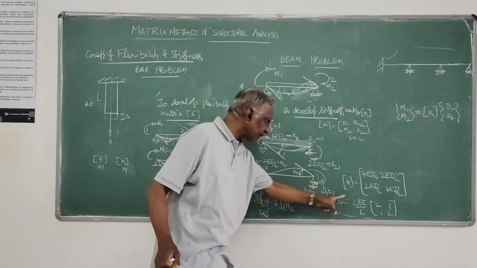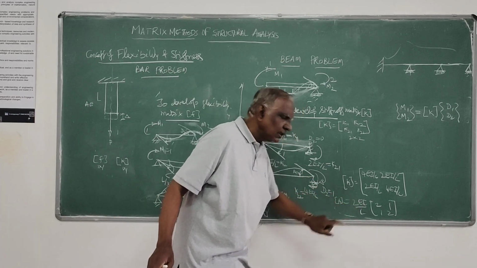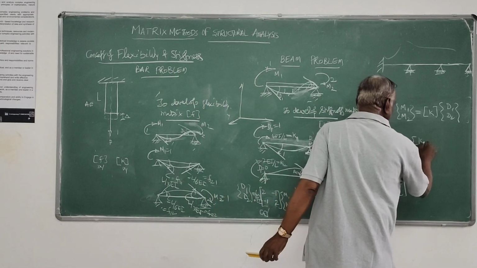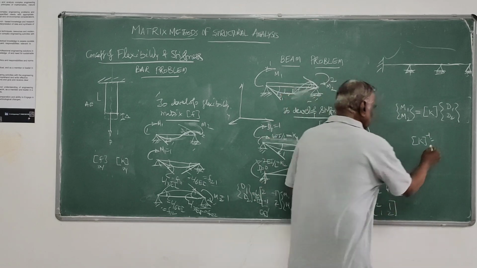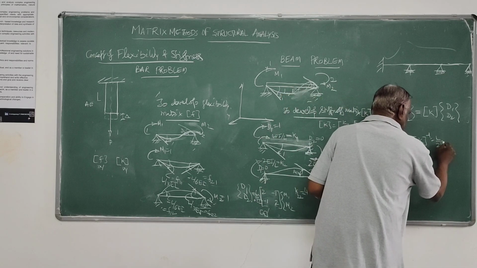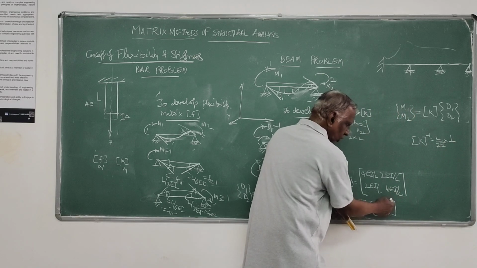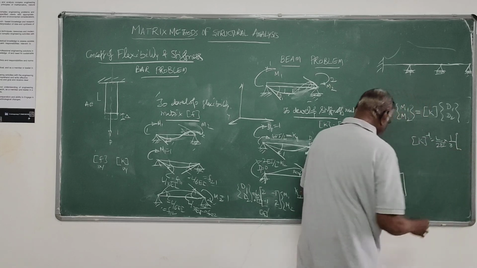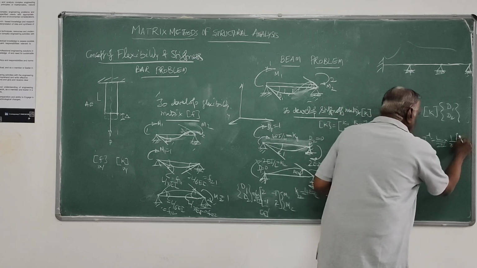Now if you see here K and F, if you find the inverse of this K matrix, K inverse is nothing but L by 2EI into 1 over the determinant of this, that is 4 minus 1, that is nothing but 3, into the adjoint of cofactors. This adjoint is 2.